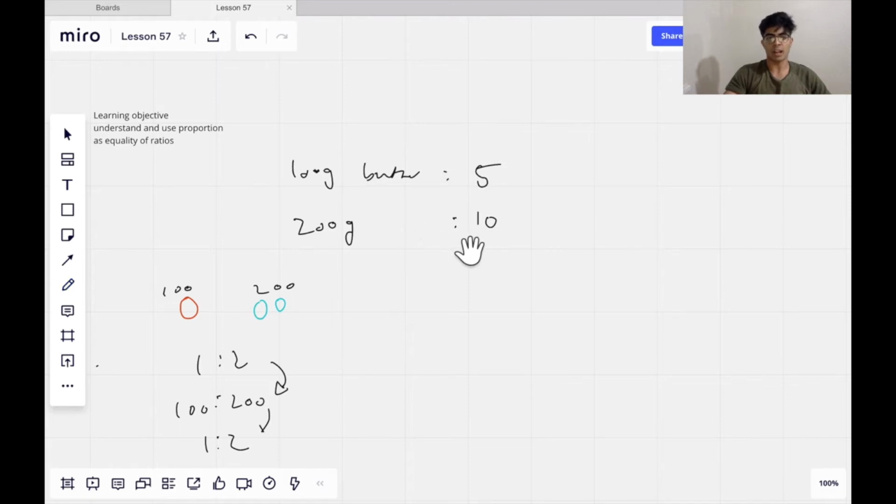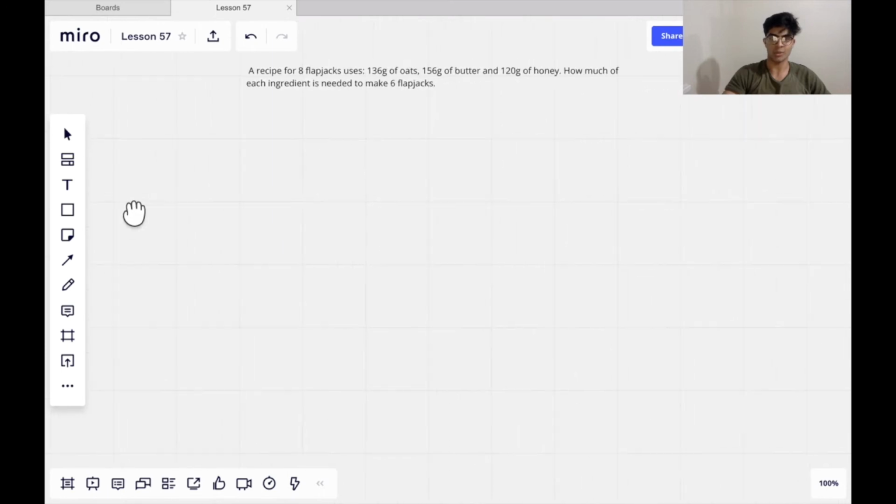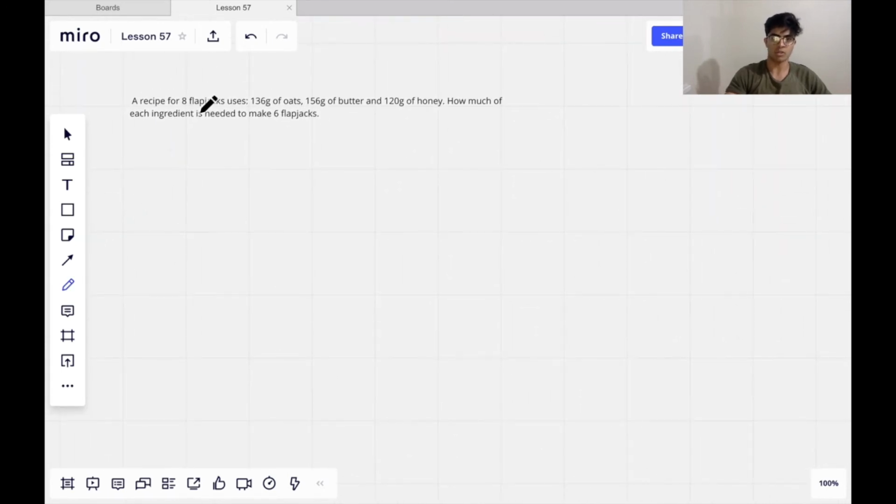The questions that are most closely related to this are questions like the recipe question. A recipe for 8 flapjacks uses 136 grams of oats, 156 grams of peanut butter, and 120 grams of honey. How much of each ingredient is needed to make 6 flapjacks? So what we have is the ratio of oats to butter to honey to flapjacks.